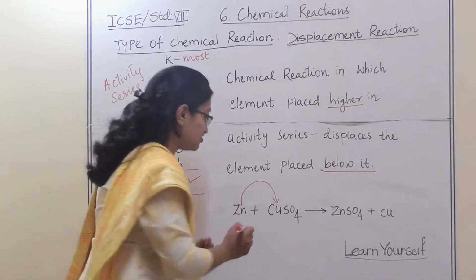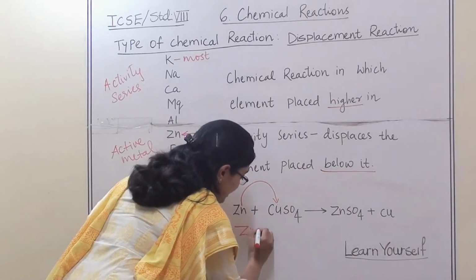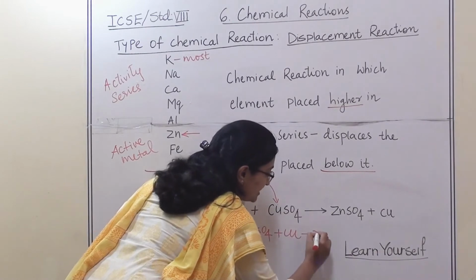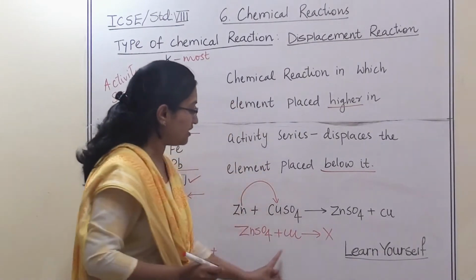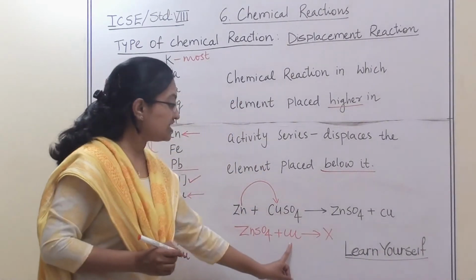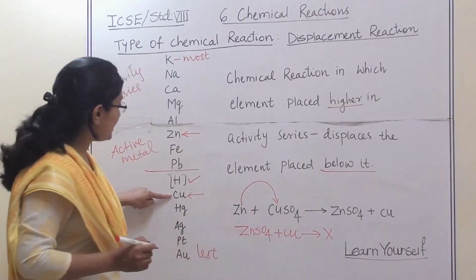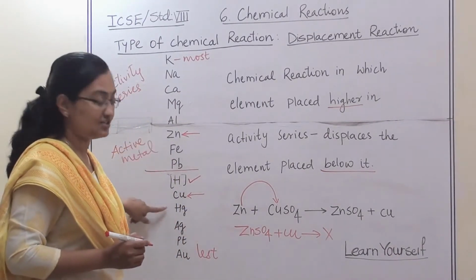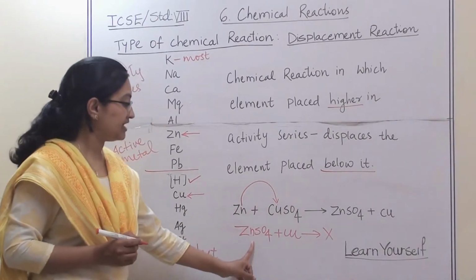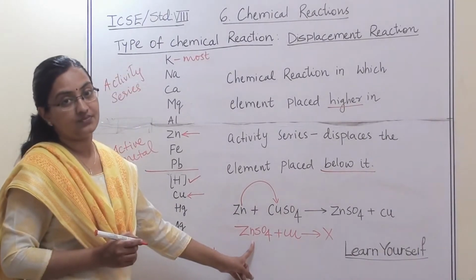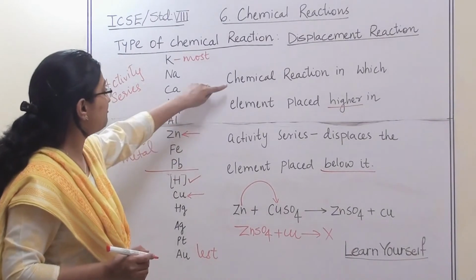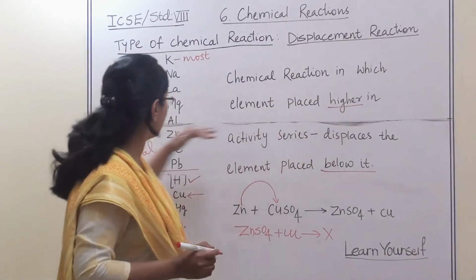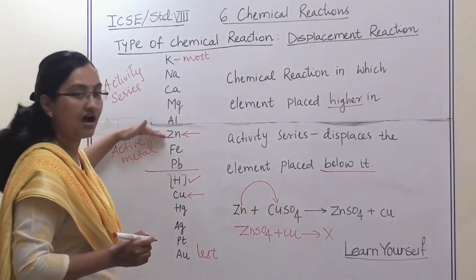If this reaction is reversed, for example ZnSO4 plus Cu, then this reaction is not possible because Cu is not reactive compared to Zn. It is less reactive, so it cannot take the place of zinc. Let us check the definition once more: a chemical reaction in which an element placed higher in the activity series displaces the element placed below it.